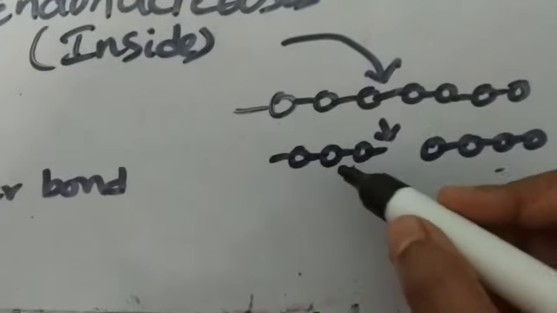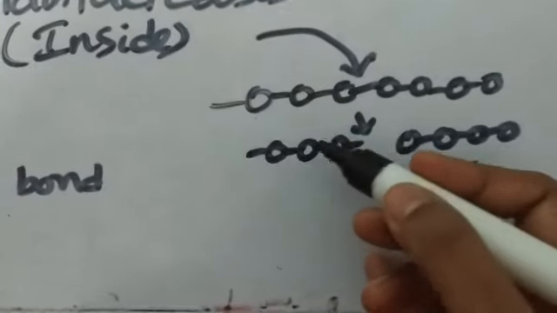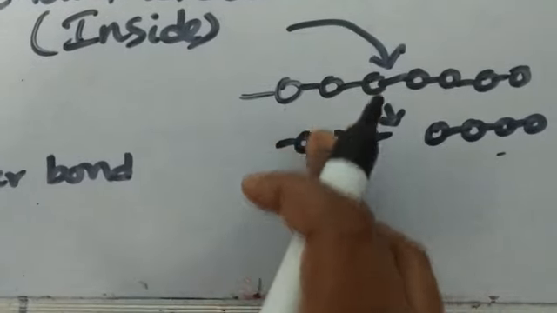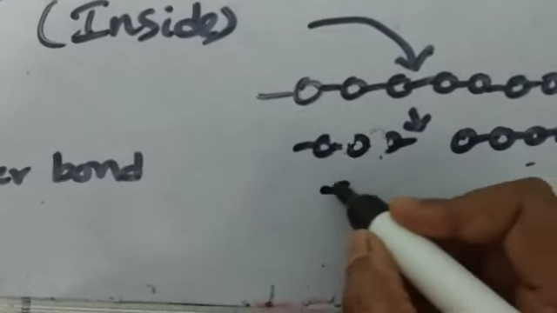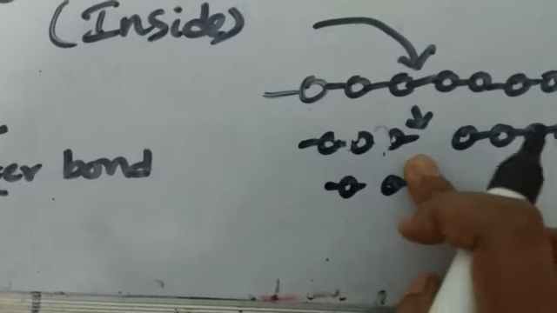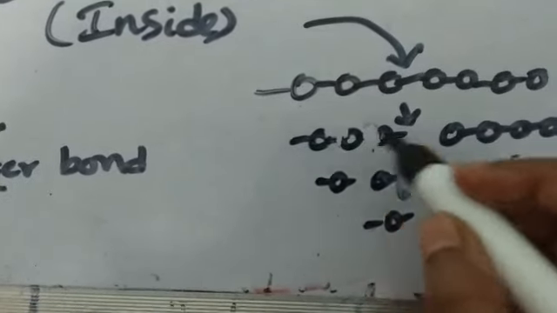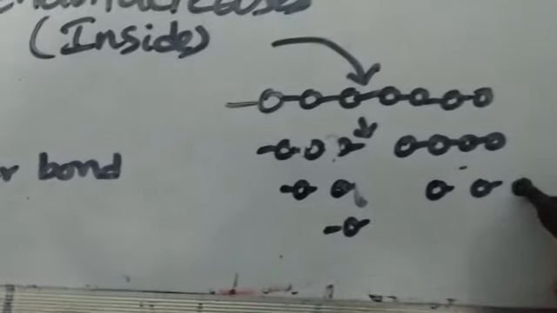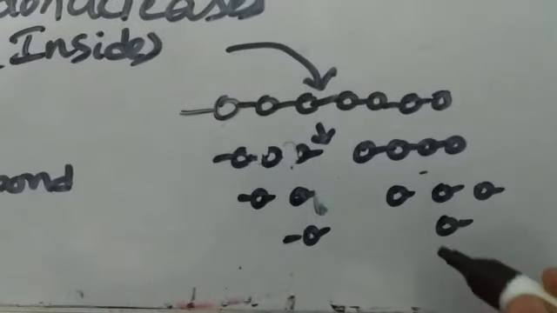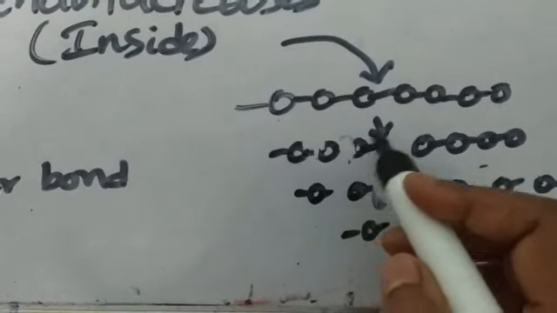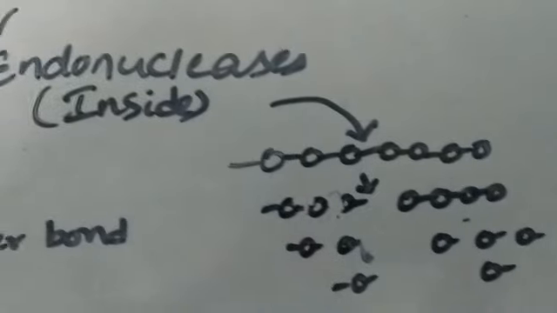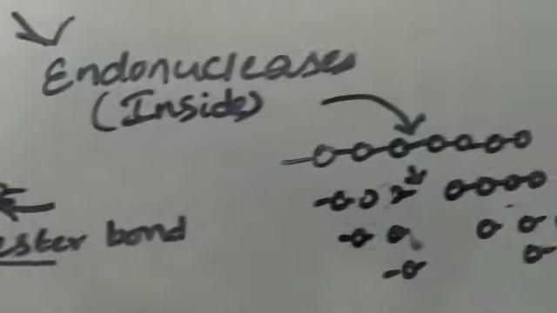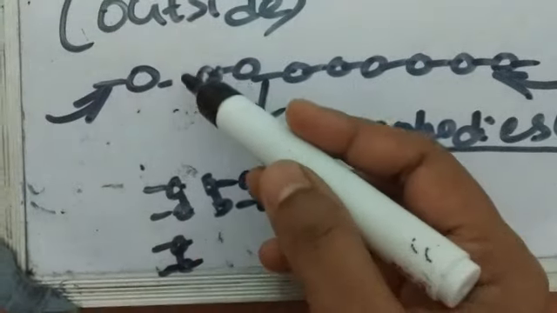It can furthermore attack these fragments of DNA. Cut it here, and in the next step, cut it here. So you get individual nucleotides like this, and we say the DNA has been completely degraded. So either they can cut the DNA, they can shorten the DNA, or they can completely degrade the DNA. The same applies to exonuclease and endonuclease. They can do any number of cuts. It's not necessary that they just go and cut once.